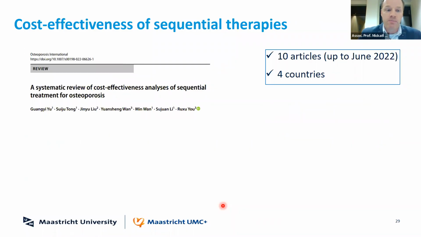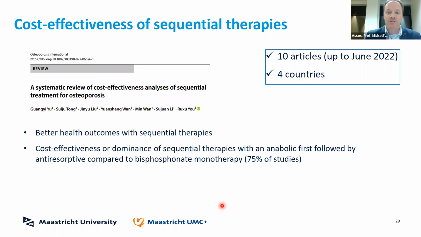A very recent paper accepted for publication in Osteoporosis International, but not yet published, did a systematic review of cost-effectiveness analysis of sequential treatment for osteoporosis, and 10 articles were identified.